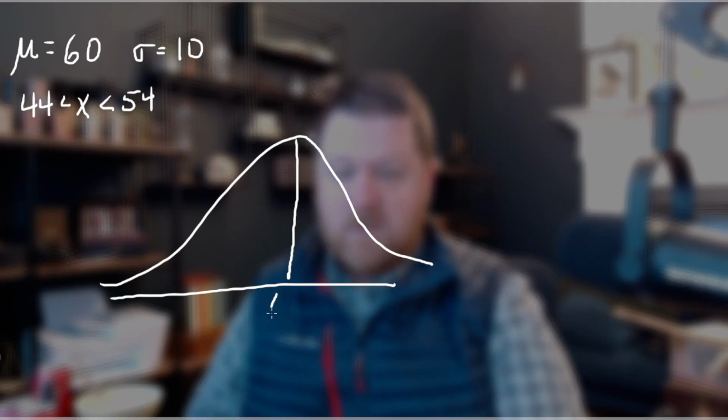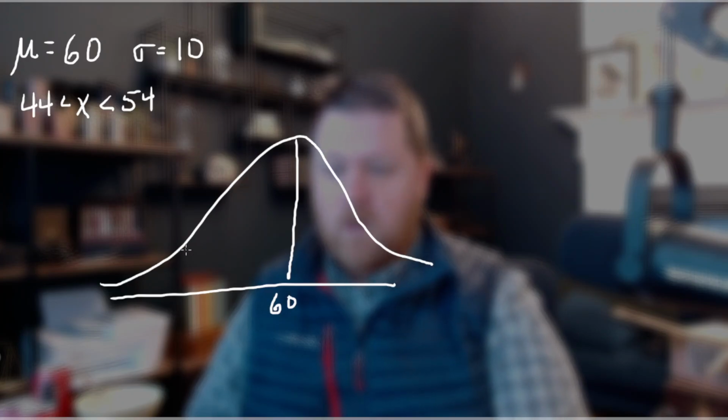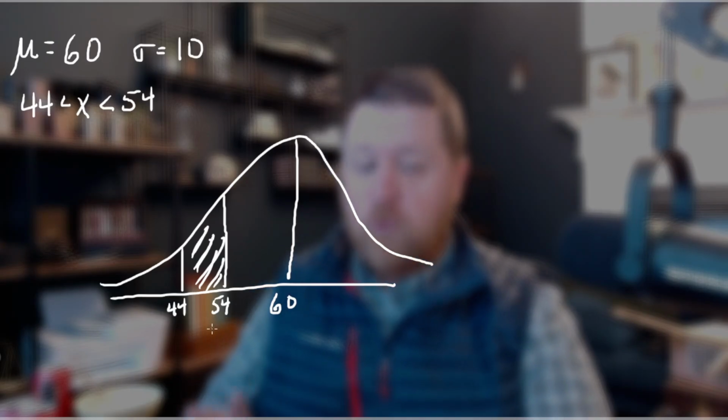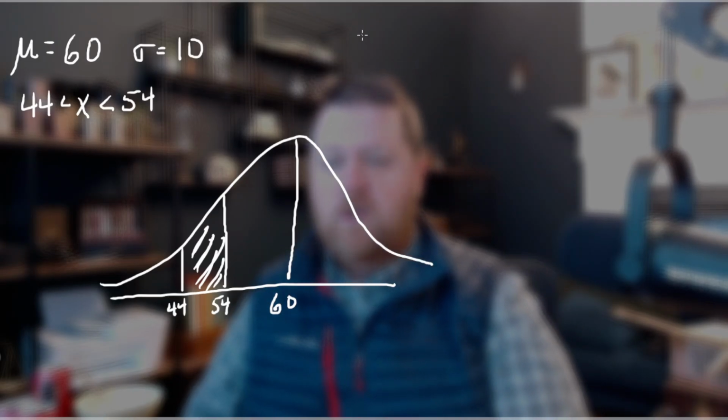All right, the mean here is 60. We're going to find the area between 44 and 54. Now, both 44 and 54 are over here on the left. 44, 54, and we're trying to find the area in between. Okay? Now, how do we do that? We need to turn these into z-scores. And we got two values to turn into z-scores. So let's do that.